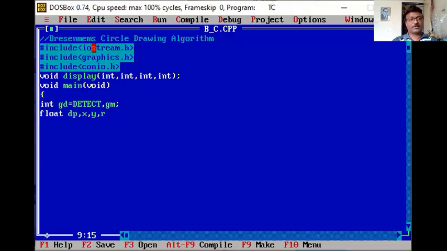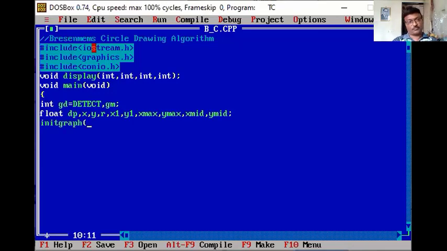Then r, x1, y1. Suppose I have to draw this on my axis, so I take xmax, ymax, then xmid, ymid. Then initgraph.